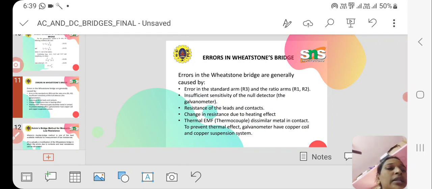Also, the resistance of the leads and contacts gets added when we measure low resistance. So in the Wheatstone bridge, the measurement of low resistance sometimes generates erroneous results, and thus we go for Kelvin's bridge in order to overcome this drawback. And also, due to the heating effect, the standard resistance value gets altered.